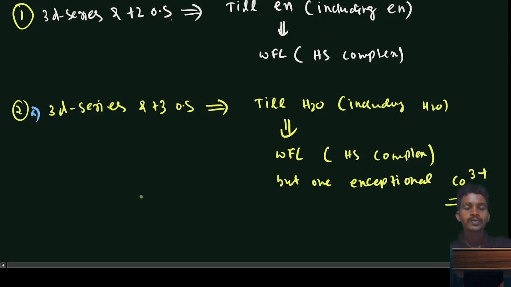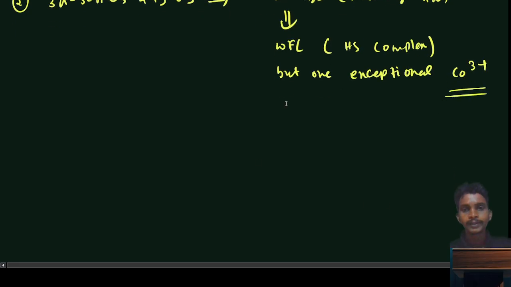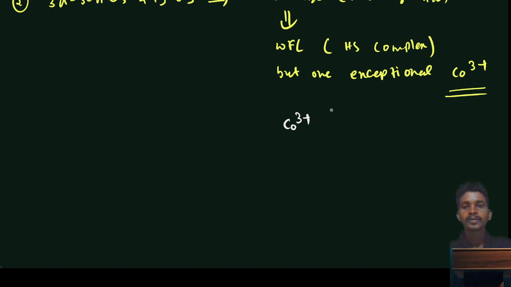Only cobalt 3 plus is the one exception. In all the other cases this is valid, only cobalt 3 plus differs. Cobalt 3 plus, what happens? Everywhere we will find low spin complexes.